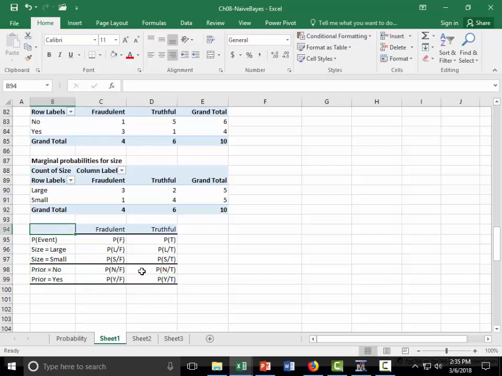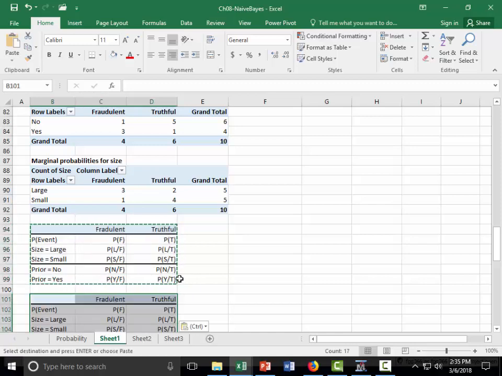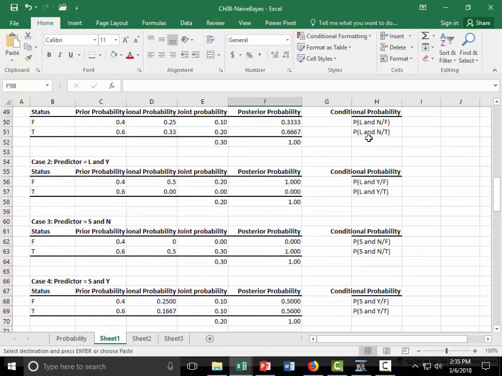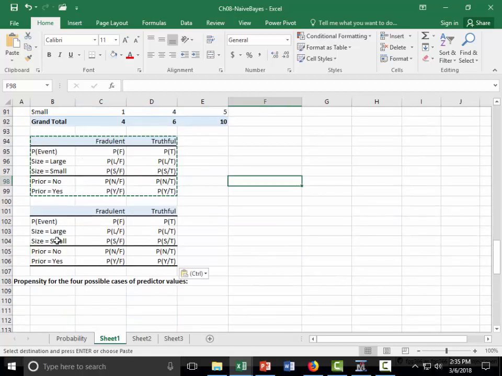So these are the probabilities we need, as opposed to in the exact Bayes where we looked at probability of L and N given T, L and N given F. So now we are doing L given F and N given F. So that's it. So there is no joint probability.